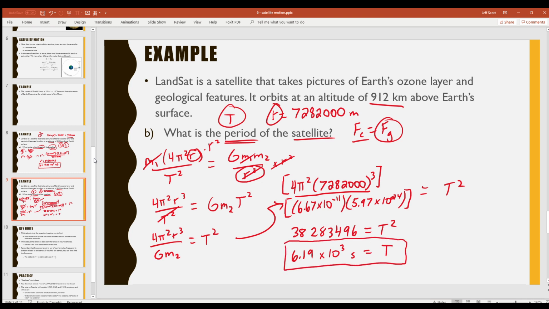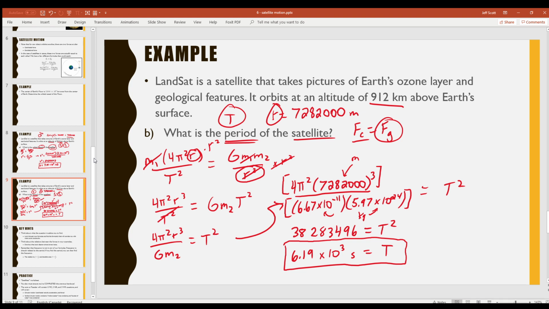Now, you might be wondering, how did I know that that was seconds? Well, we know it's seconds because we used all of our common base units in this whole question. When I threw in, for instance, our R value, I made sure that it was in meters. This piece right here is a whole jumbled mess of units. If you look in your formula sheet, it actually gives it to you, so you don't need to worry about that. But mass 2, of course, on your formula sheet is clearly listed as being in kilograms.